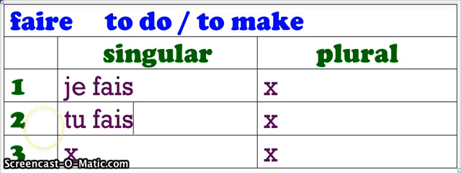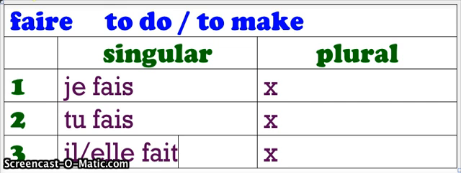All right, the third person singular, which in English would be he, she, or it. In French, we have a choice of two words. Il for he, or elle for she. All right? And the verb form of faire for third person singular il and elle is F-A-I-T.